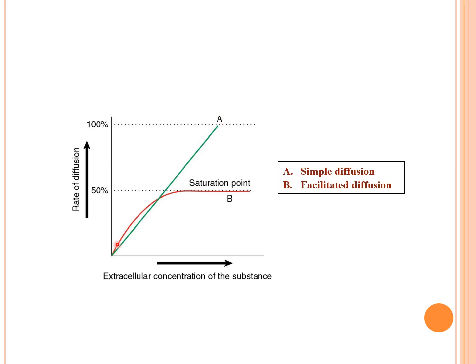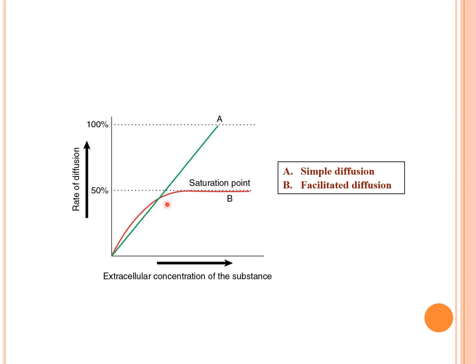But when you take facilitated diffusion, the rate of diffusion increases as the concentration of substance increases, but only up to a certain point, and that point is called the saturation point. After this, even though there is an increase in the concentration of substance, there is no increase in the rate of diffusion. So there is a saturation point for facilitated diffusion.